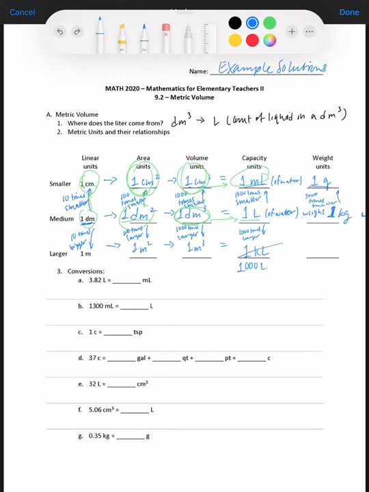So that's what we would use today in the metric system. Now, if you take 1,000 liters of water, how much does that weigh? Well, we have our kilogram, and it's got to be 1,000 times larger than a kilogram.